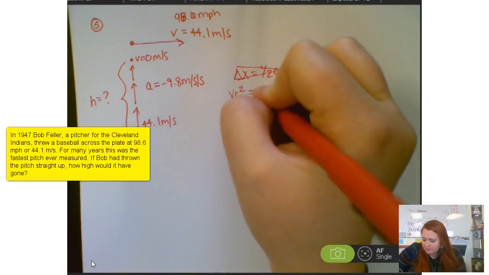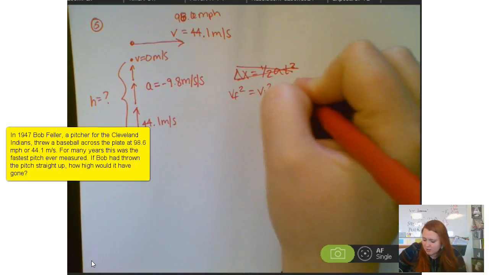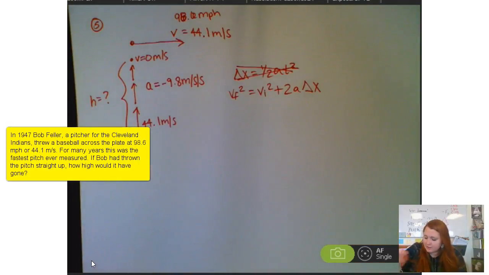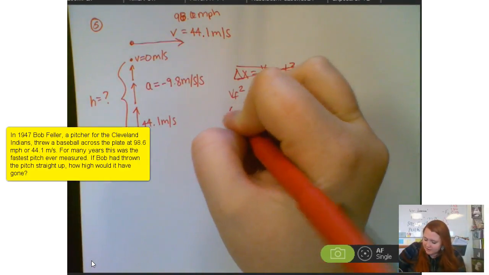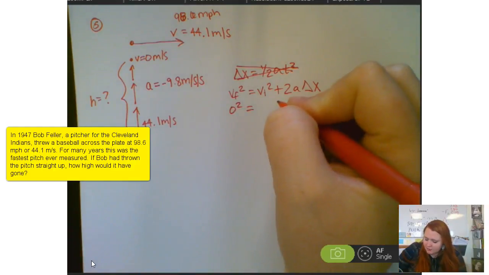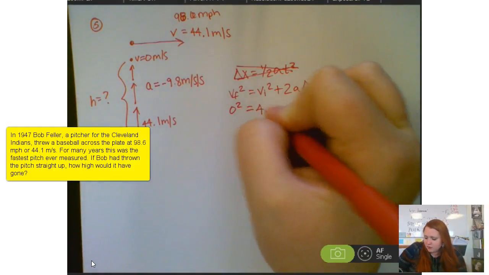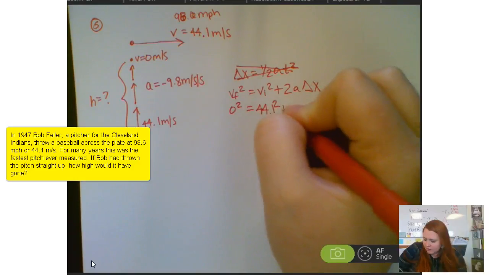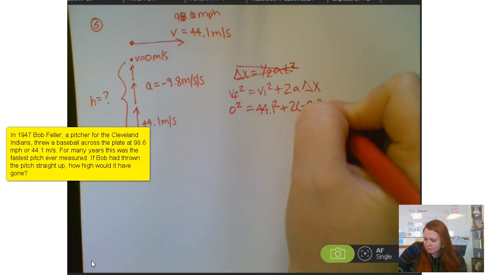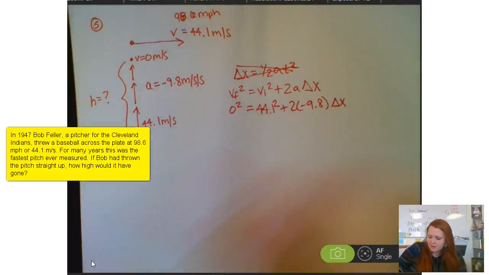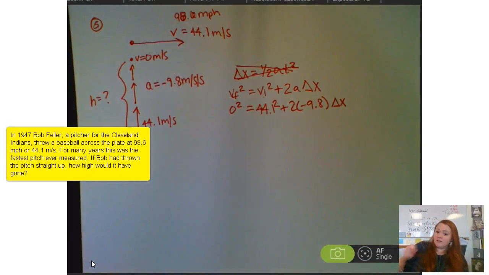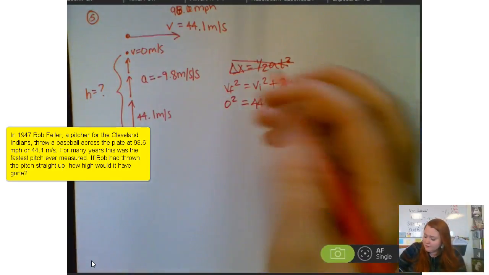Vf squared equals Vi squared plus 2a delta x. Now, Vf is 0, so 0 squared equals my initial velocity, that's 44.1 squared, plus 2 times negative 9.8 times delta x. This equation is good because my only unknown is delta x, and that's what I'm trying to solve for.